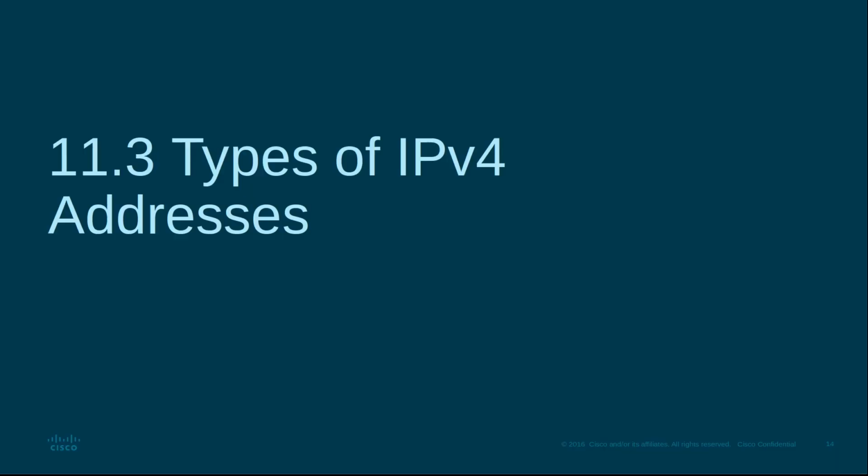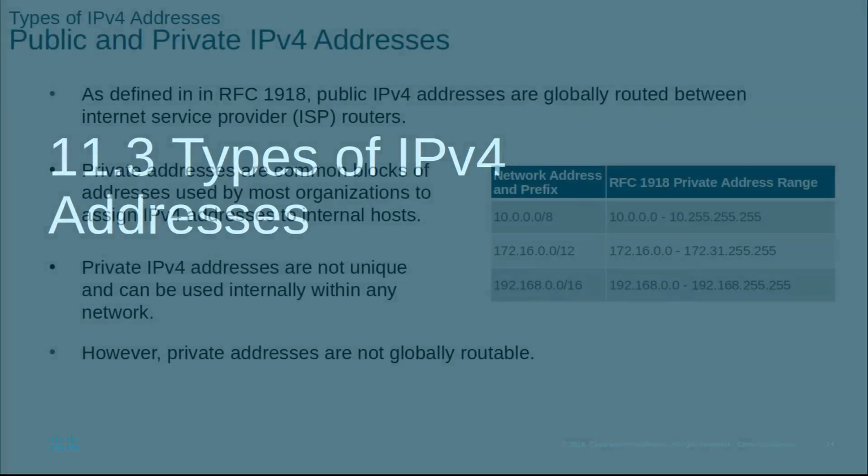So, in addition to broadcast, multicast, and unicast addresses, and host, broadcast, and network IDs for IPs, we also have some different types of addresses. We have private IPs and public IPs.